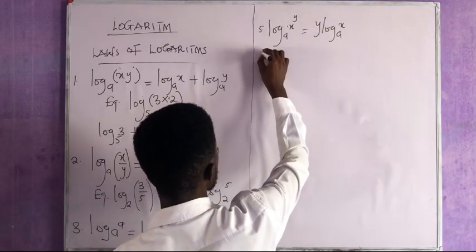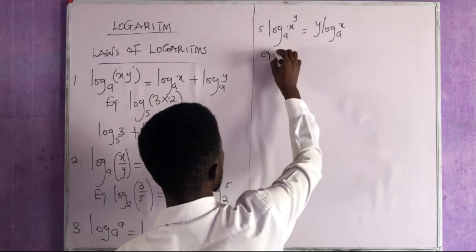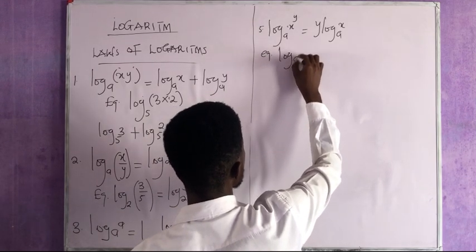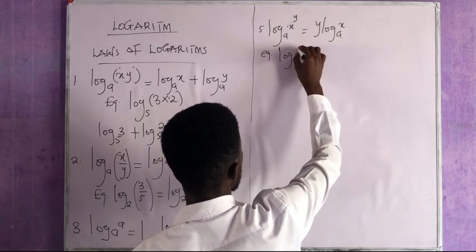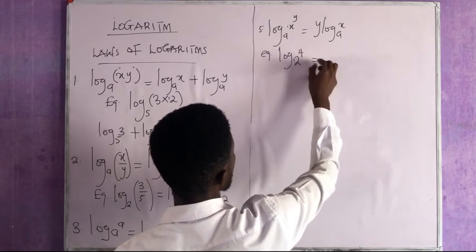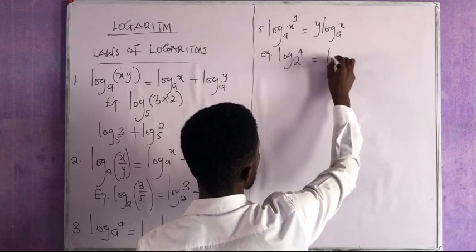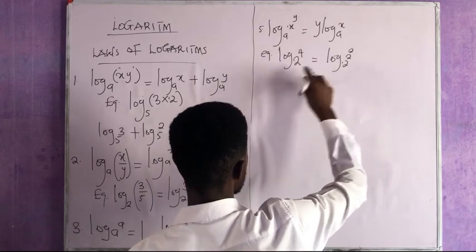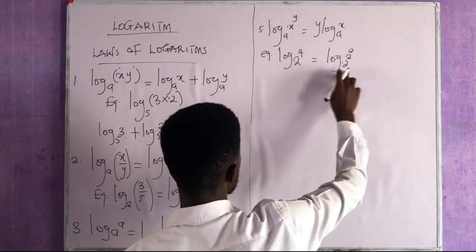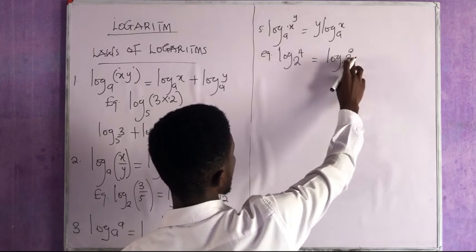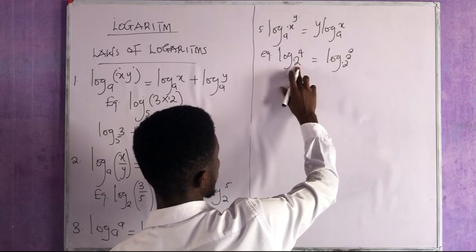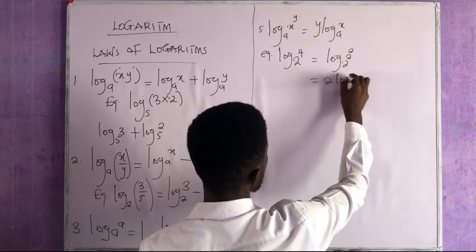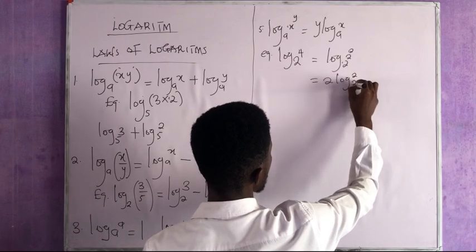So example, if I have log 2 to the power 4, I can write this one as log 2 to the power 2 power 2, base 2. So the 4 here can be written as 2 to the power 2, and we already have base 2 here. And we are saying that this can be written as 2 log 2 base 2.